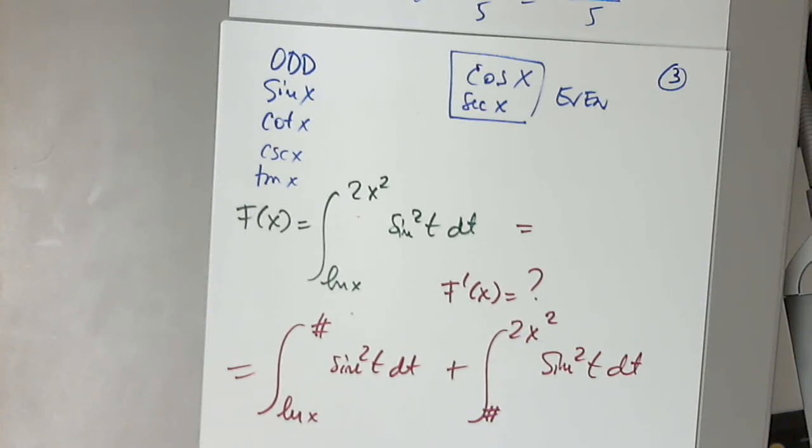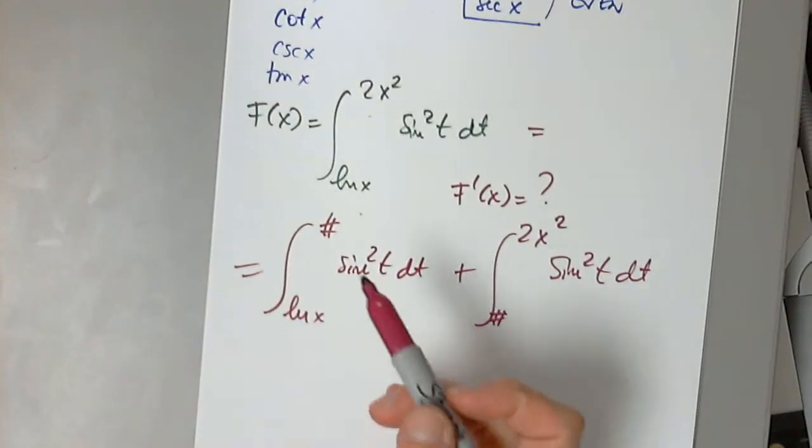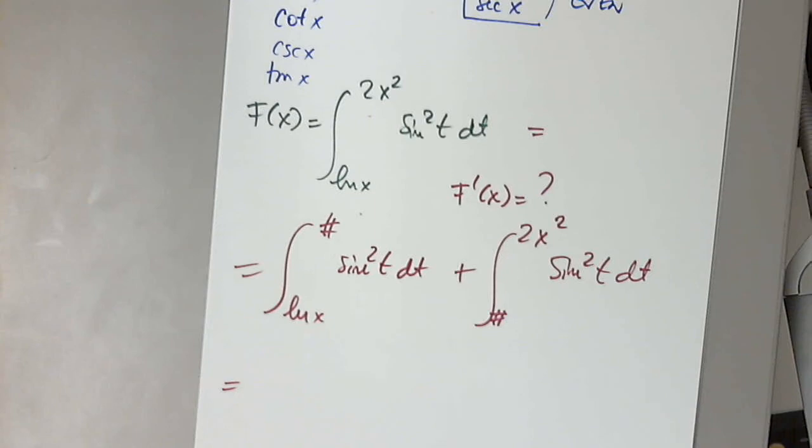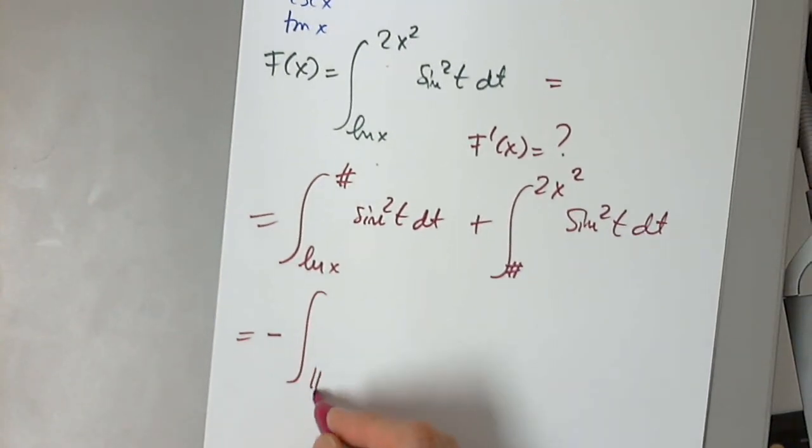Did you flip it? Yes, I have to flip the first one because it's not ready for differentiation. Excellent. The fundamental theorem of calculus requires that the lower limit is a number, which makes it negative when we flip the limits of integration.